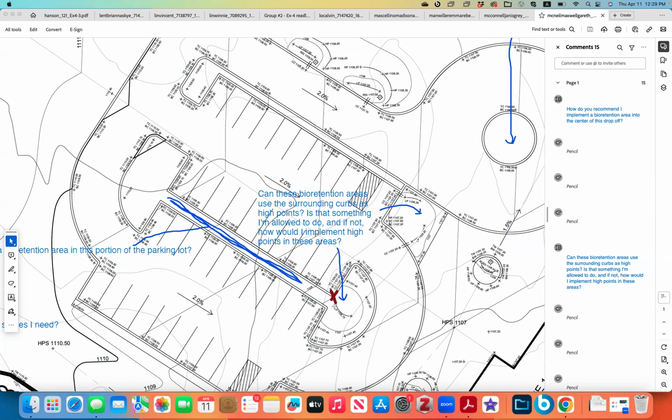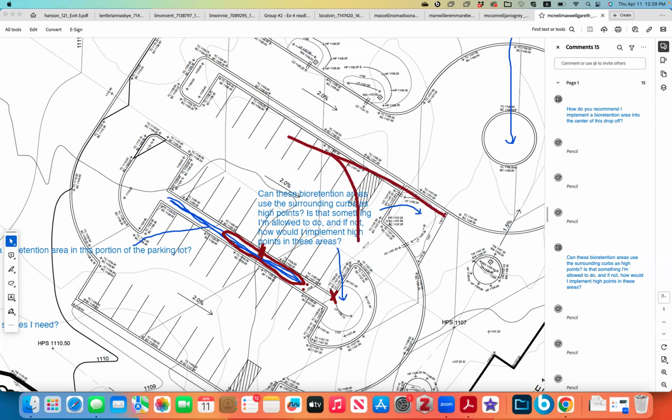So you could do an RDI here. And then this is not a huge area. I would probably just put one more curb cut in the middle. Okay, one more curb cut in the middle. So then your retention area will be in between these two. Okay, in between these two. And then your high point is likely on that side, right? Where we're going down again, right?